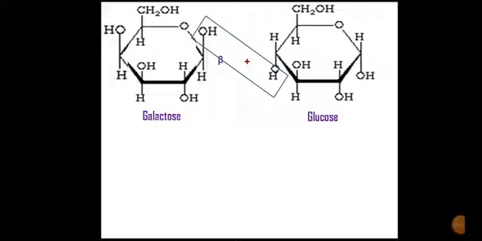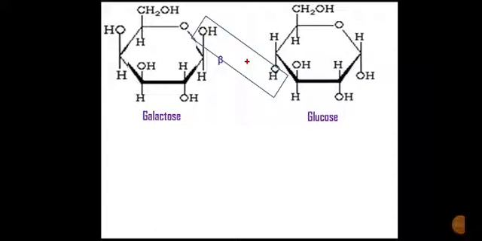So where do we expect the formation of the glycosidic bond? It is here, that is, the OH group of galactose and the OH group from glucose. This will lead to the release of one molecule of H2O, as we have learned in the case of maltose.